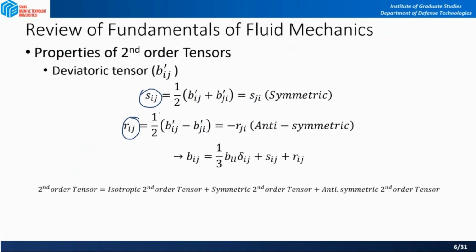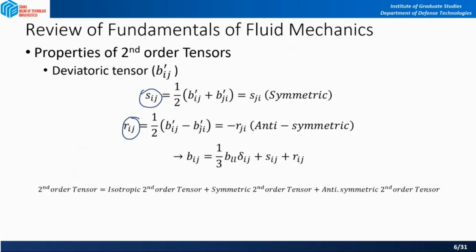So what is Sij? You can define it as half of the summation of Bij prime and Bji prime. And Rij is half of Bij prime minus Bji prime.